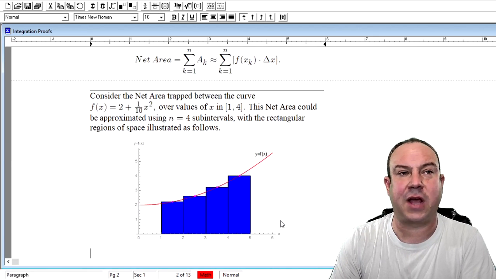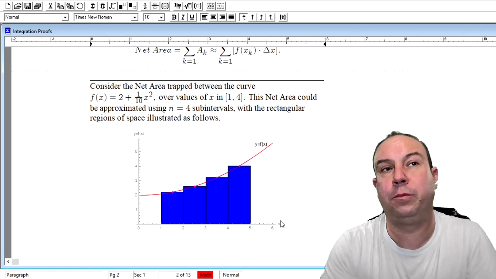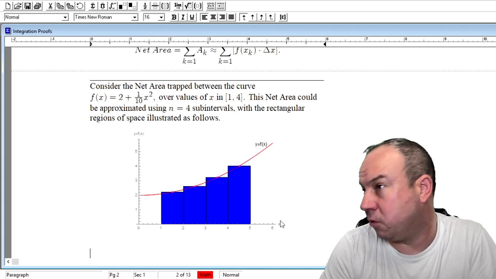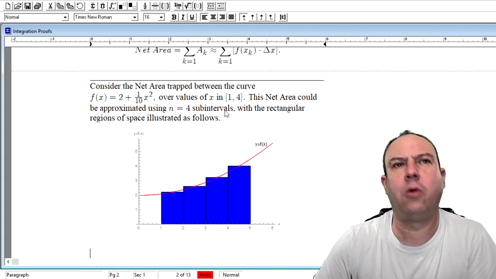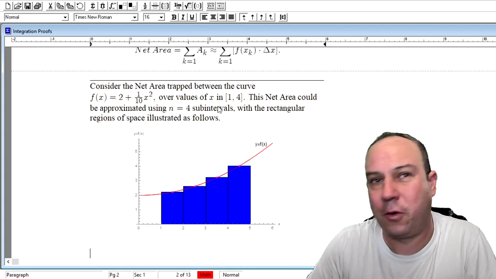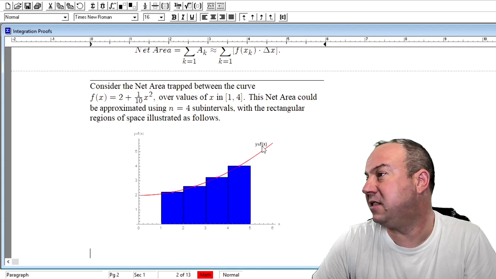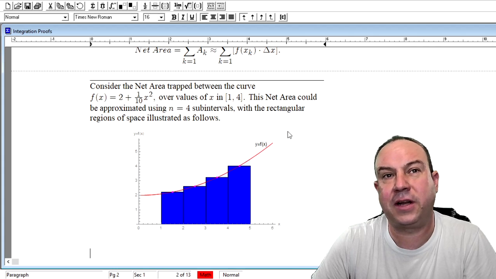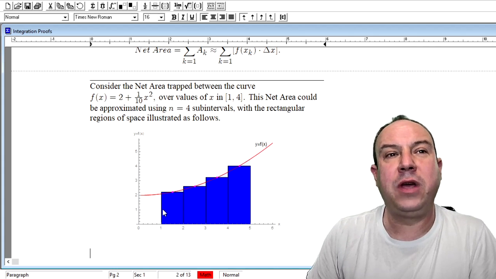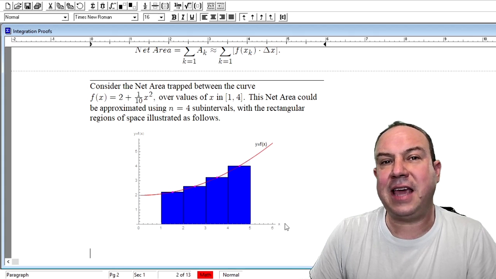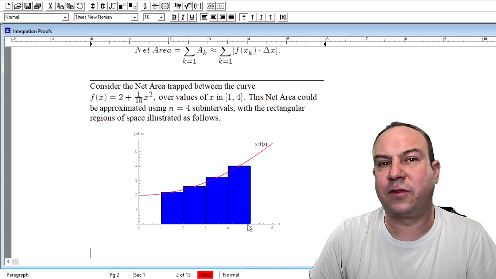Consider the net area trapped between the curve f of x equal to 2 plus 1/10 x squared over values of x in the closed interval from 1 to 4. Here is our curve y equals f of x. That is this red graph that I have illustrated here. And we are looking at approximating the net area trapped between it and the x-axis over values of x from 1 to 5.